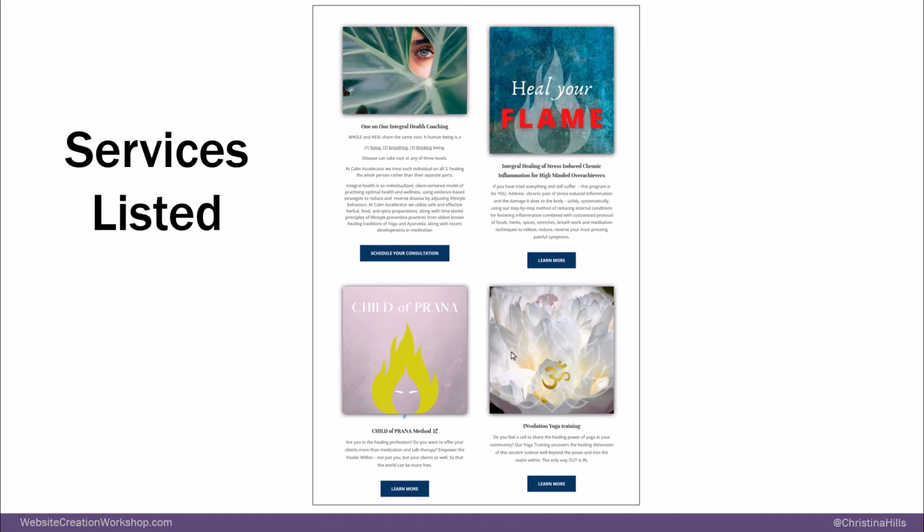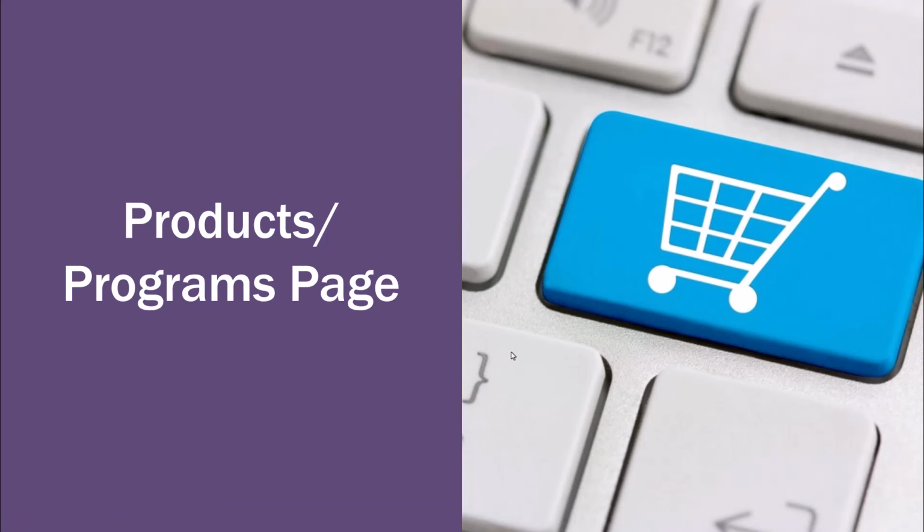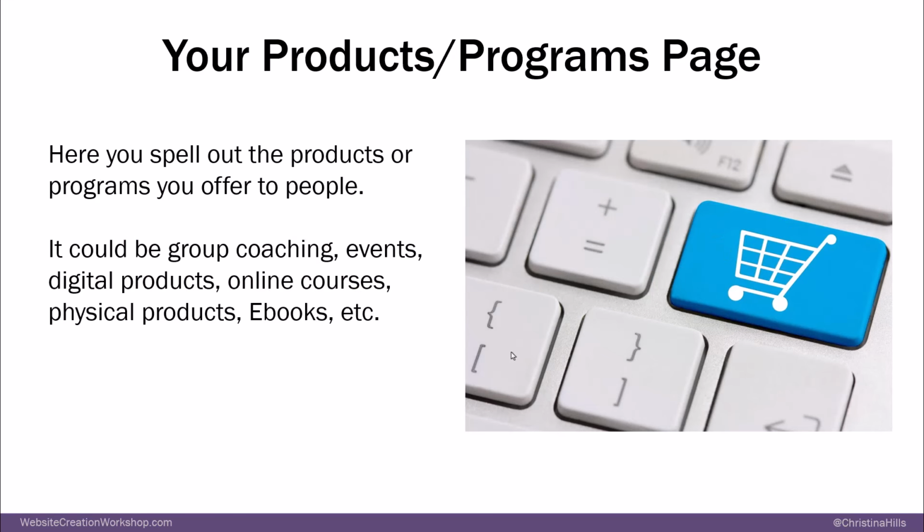Now, you don't have to be offering services. I know many writers don't have services. You might have a products or programs page, and if you're an author, this might be called your books page. On your products or programs page, you spell out the products or programs you offer people.